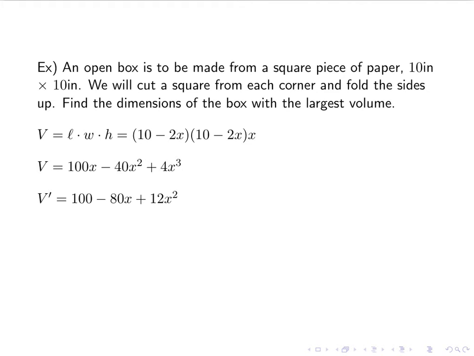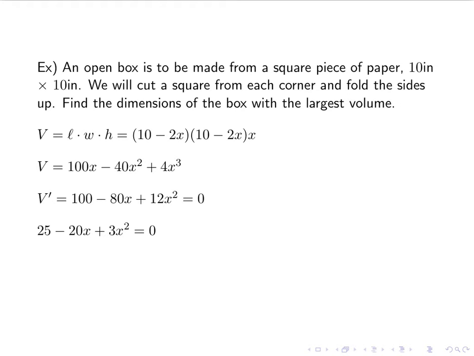So the derivative, 100 minus 80x plus 12x squared equals 0. First thing I'm going to do is notice that 100, 80, and 12 all share a common factor of 4. So I'm going to divide everything by 4. So 25 minus 20x plus 3x squared equals 0.